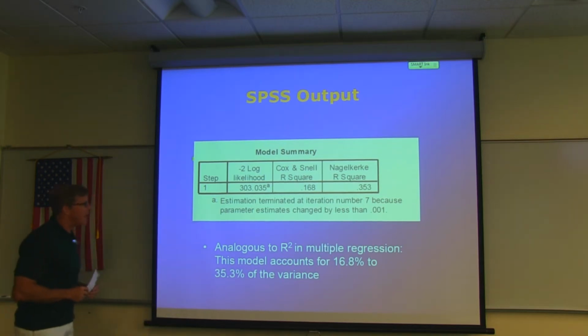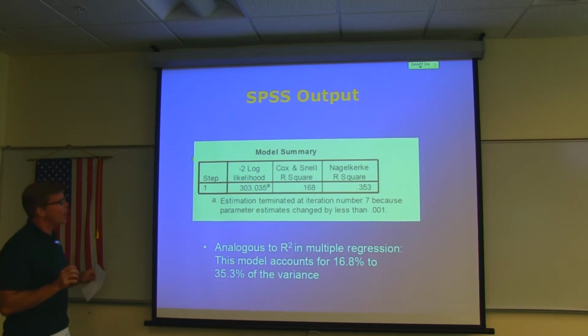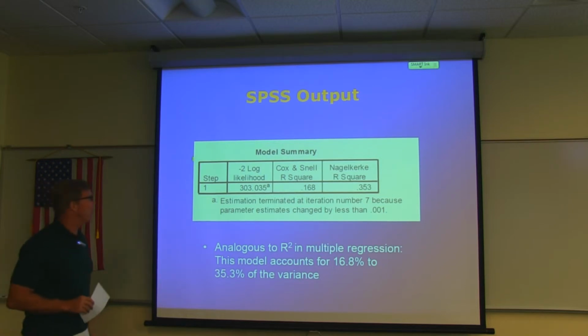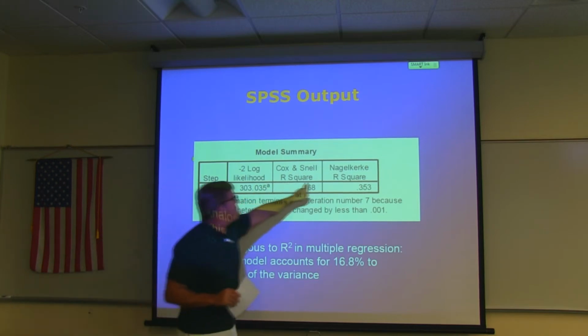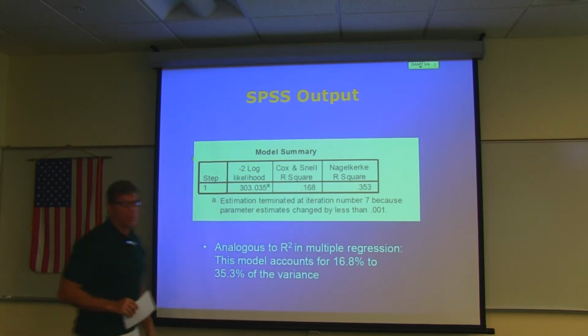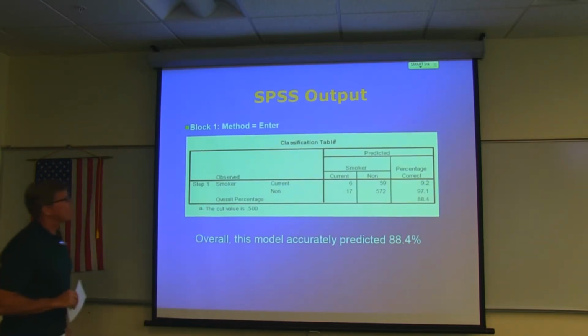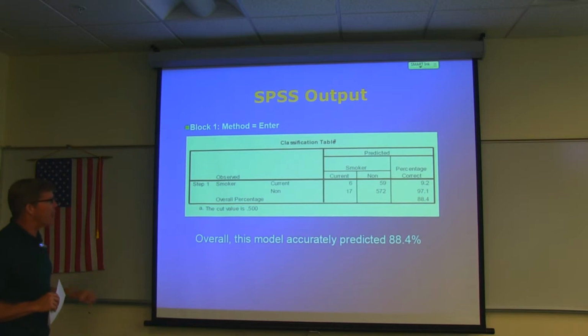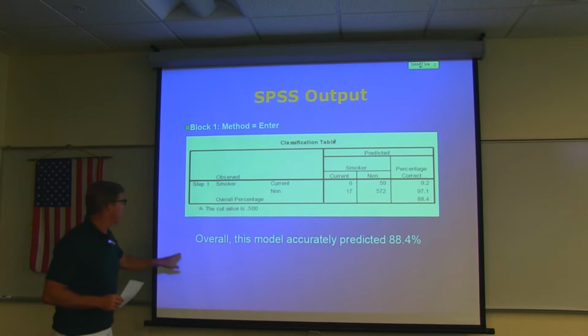Okay, so not a lot of relationship between the IV and the DV. This is the way the data came out. So again, this is very analogous to the R squared that we deal with in regular multiple regression. About 88% of this model is accurately predicted. Okay, so this model accurately predicts about 88.4% of smokers, which is pretty high.